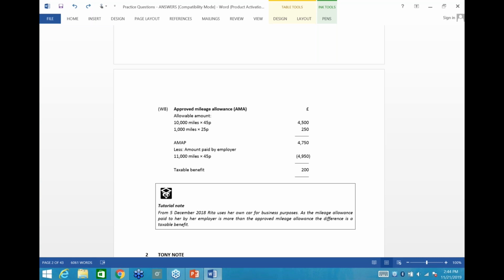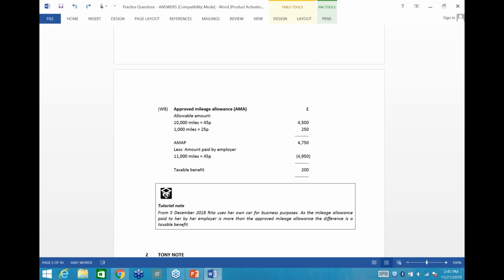You used the car that was owned by the company, or that was owned by the employer. That doesn't allow you to do any approved mileage allowance computation. There is something called approved mileage allowance computation, AMA.